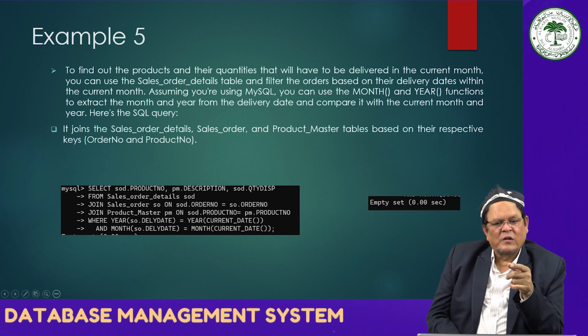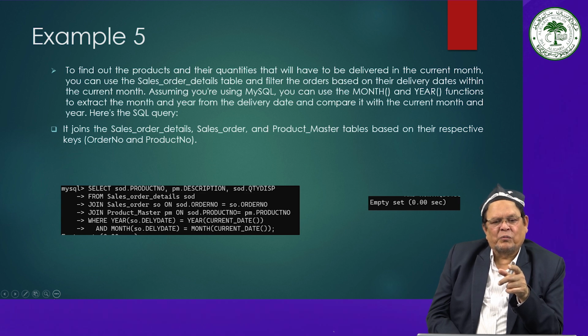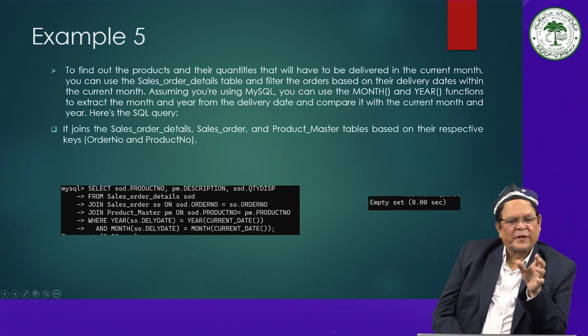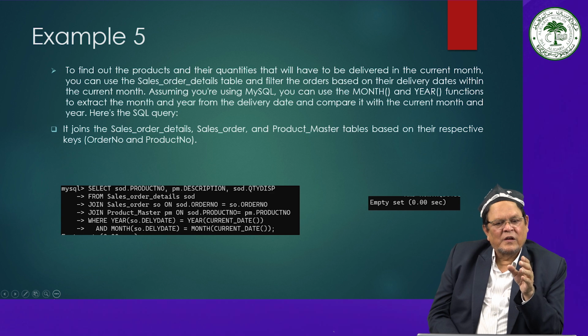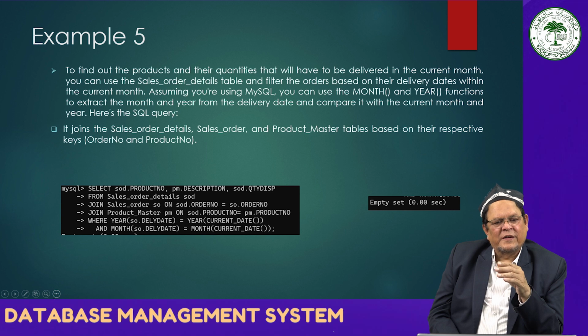The join sales order SO on the order number from SOD is equal to order number from SO. Then the join product master PM, the product number of SOD must be equal to product number of PM, where year of SO delivery date equals year of current date and month of delivery date from SO must be equal to month of current date.